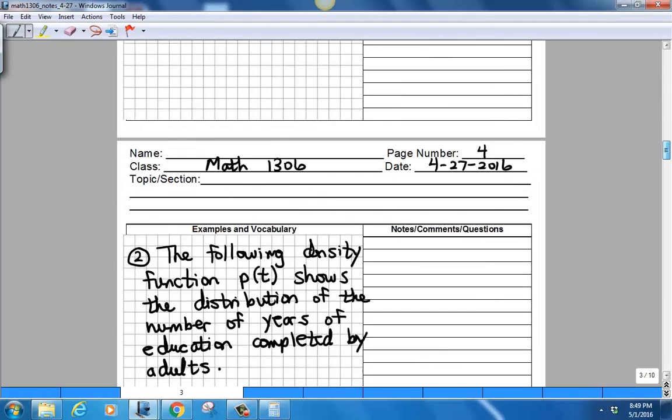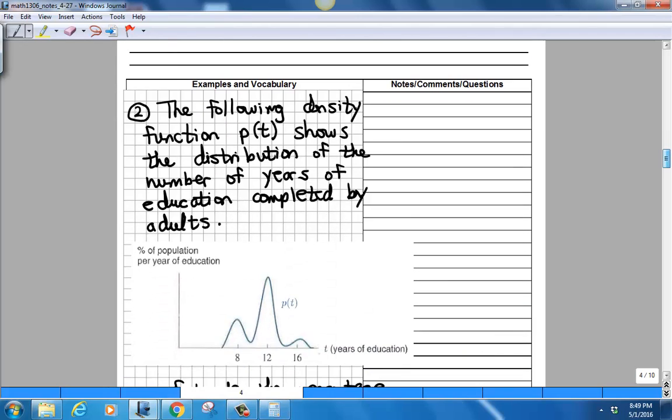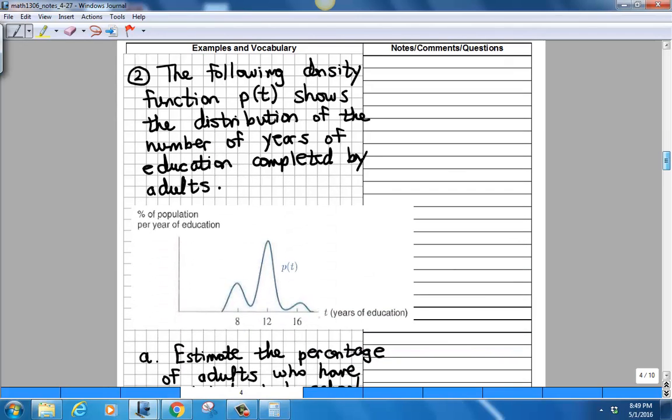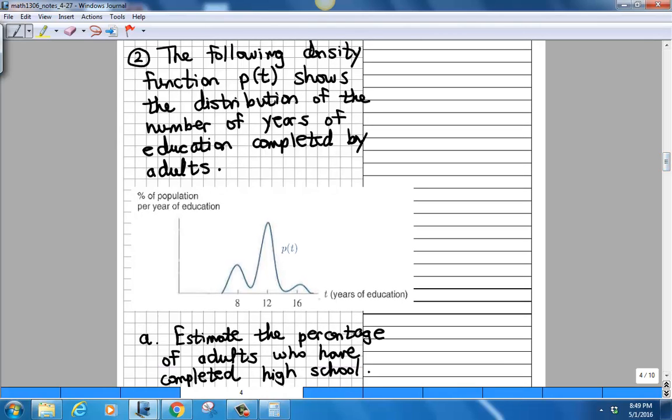All right, let's try another one here. This one we're going to do very intuitively, okay? So here we have another density function. This density function is called P of t, and this shows the distribution of the number of years of education. That's the quantity that we're interested in studying the distribution of through the population.